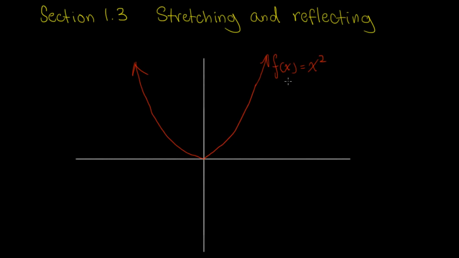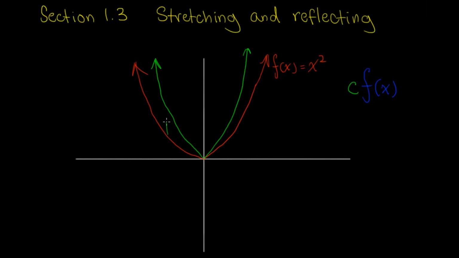Now if I multiplied f of x, the entire function, by a number, let's say this number is c for constant, then the graph is going to stretch vertically by a factor of c. So you're going to get a new graph, and it's going to be stretched like this.